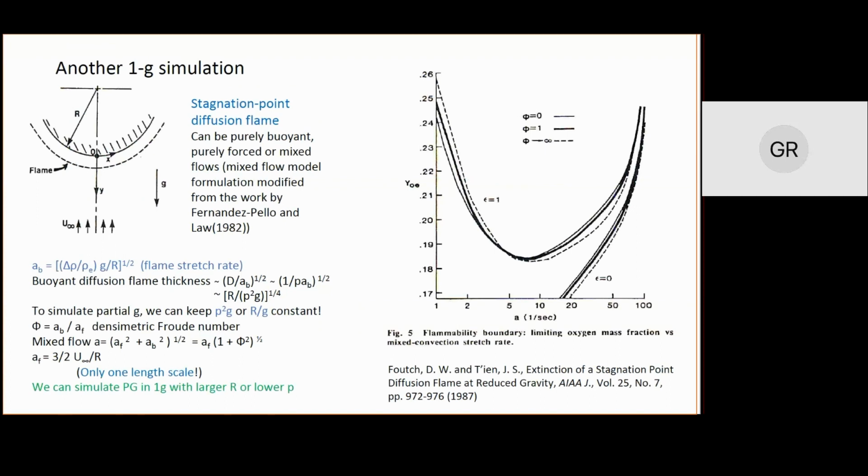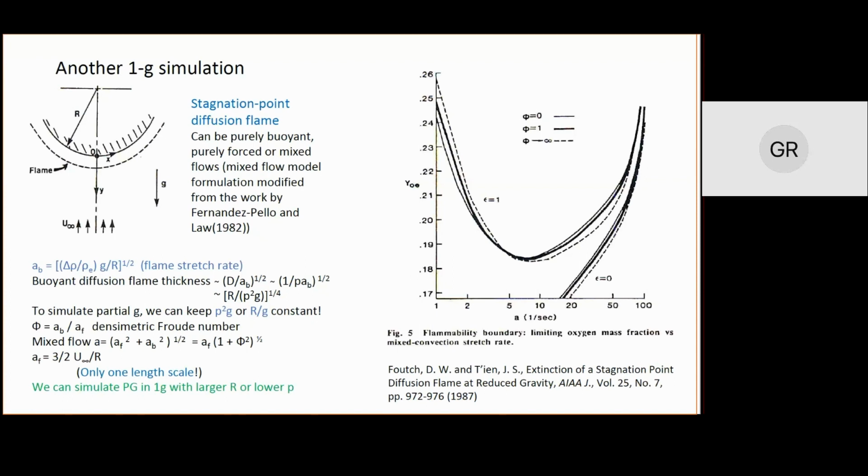Now look at another configuration, the stagnation point flow, which a lot of people use in combustion. The flow mechanics is governed by the stretch rate, A, in this case. It turns out A is proportional to the square root of G over R, where R is the radius of curvature.